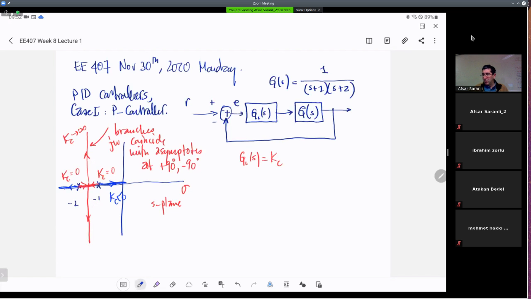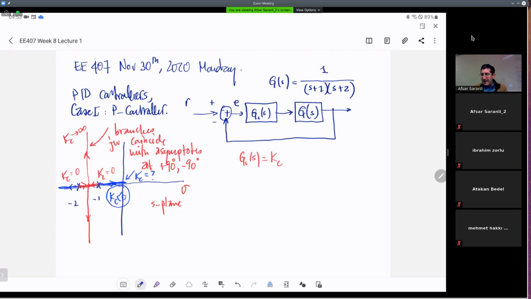We can work with the Routh-Hurwitz criterion, which will also tell us what value of KC makes this system unstable. It's going to be a negative gain. Anyway, that's not our focus, but positive gain in this case is our focus, and we basically have said that the system is always stable.